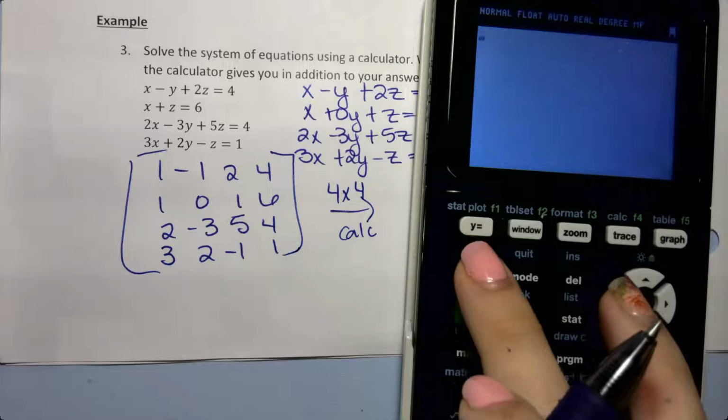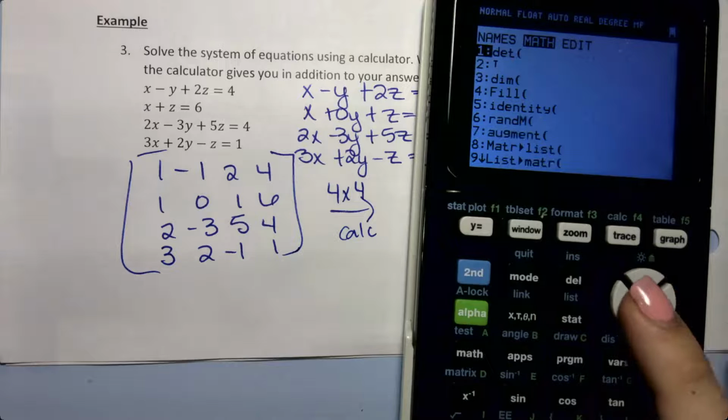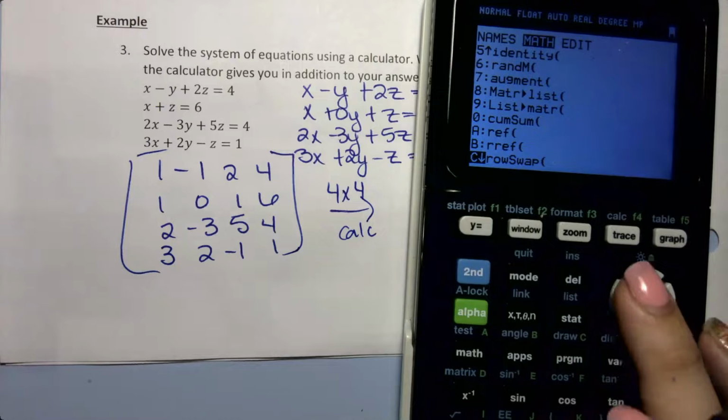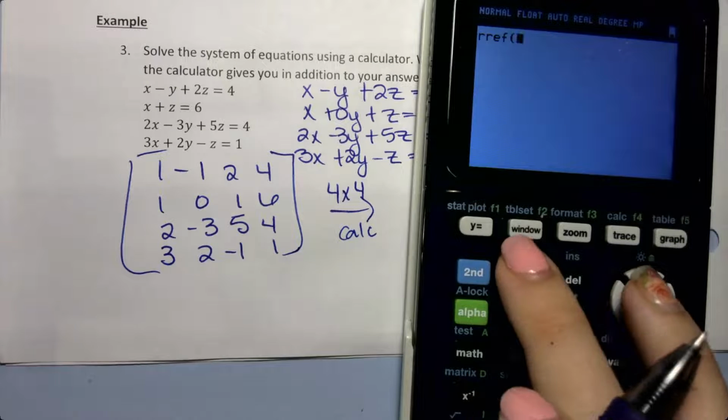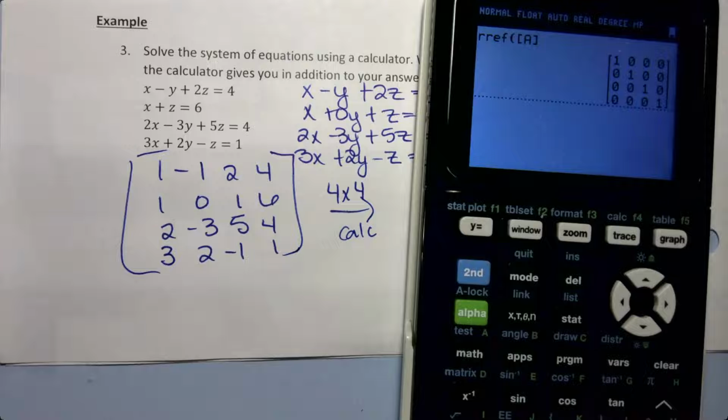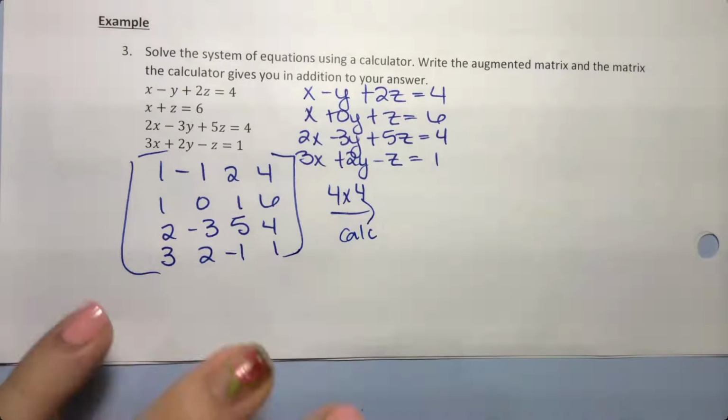I go back home, I go second matrix, I go over to math, I choose RREF. Then I'm going to go second matrix A, which gives me this matrix. So I'm going to copy that down.